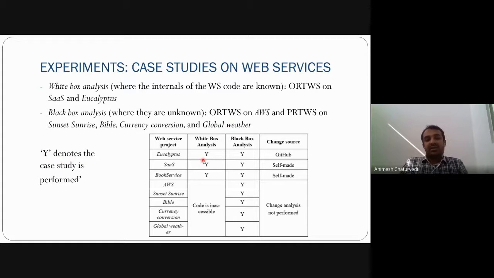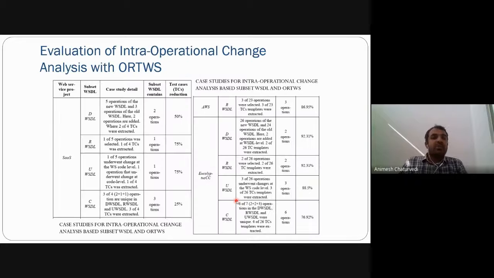We put yes to denote that experiments were performed, and the changes are given in GitHub. We made the changes ourselves. Changes could not be performed at the code level, because code is not accessible, so white box testing is very hard to do. So only black box testing has been done.